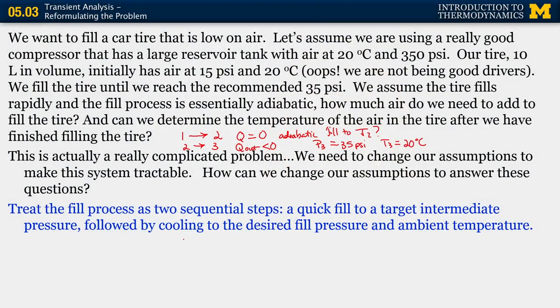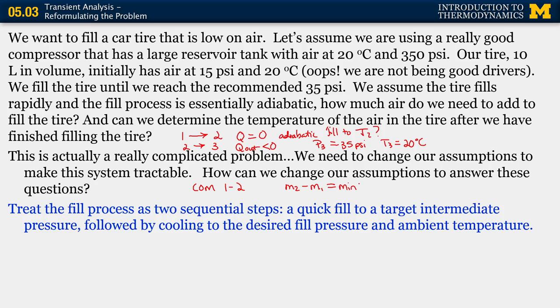Okay, so again, from steps 1 to 2, that hasn't changed, right? From 1 to 2, this is the adiabatic fill to T2. So we know the conservation of mass for steps 1 to 2 is exactly the same as what we had before. So that's M2 minus M1 is equal to Min.